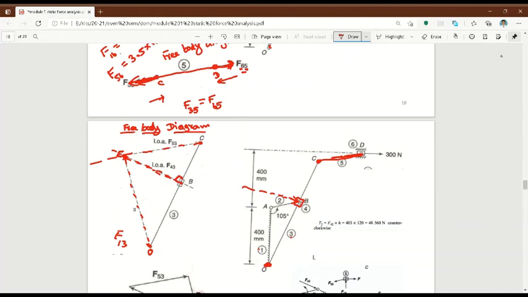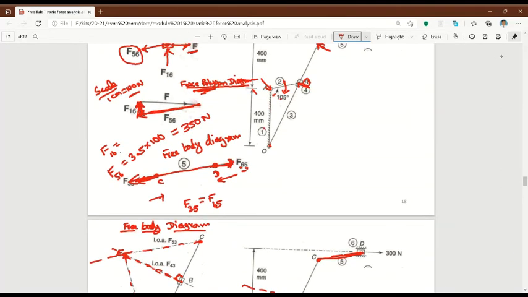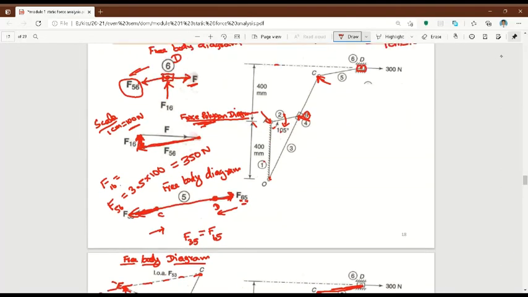Three forces are there, and I know the value for one force, that is F53.